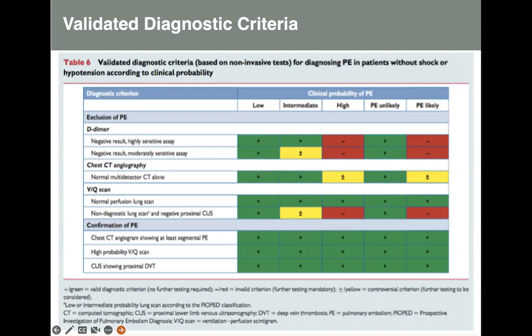CT pulmonary angiogram is the gold standard. So whenever we suspect pulmonary embolism, and we're at a facility where we can do CT, then it's important to do a CT scan, and we do a CT pulmonary angiogram. This will help us to visualize if there's an obstruction or not. Next slide.